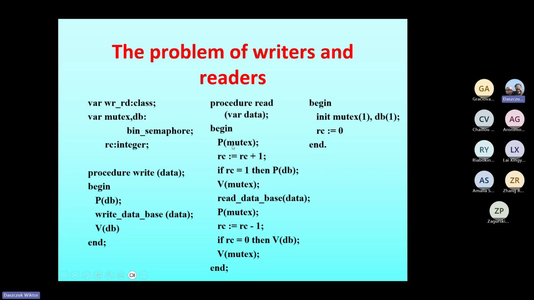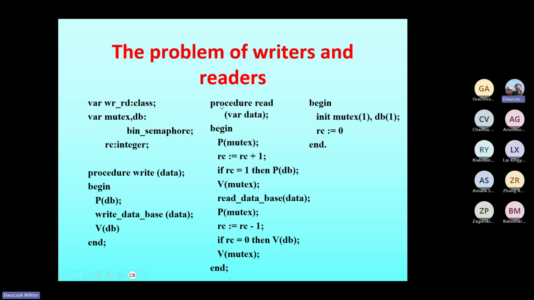Reader count is preceded by P and followed by V, and again preceded by P and followed by V. So from P to V, those two sequences are critical sections from the perspective of reader count.